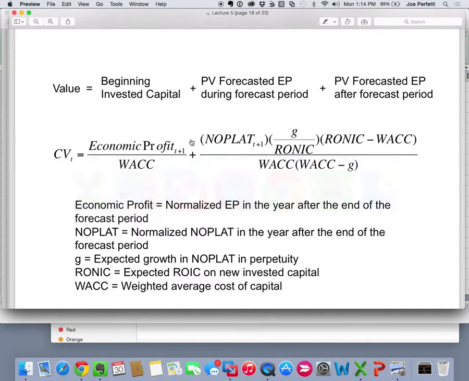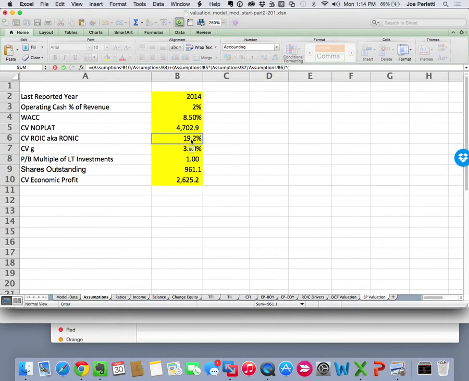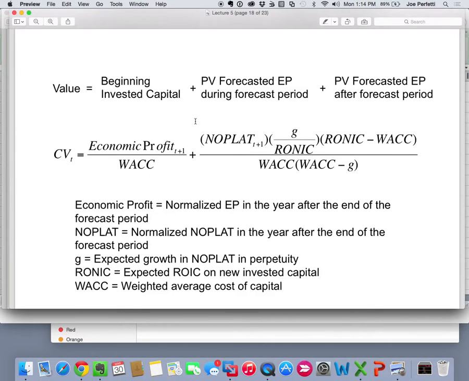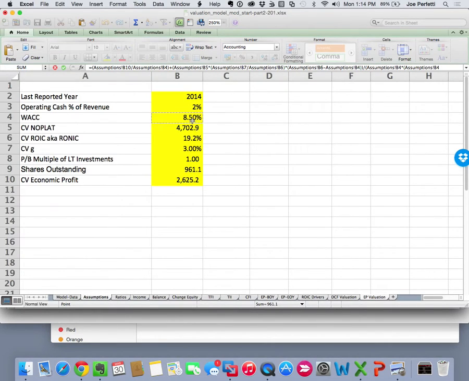Times left paren, ROIC minus WACC, right paren, right paren. Divided by left paren, WACC times left paren, WACC minus G, right paren, right paren.